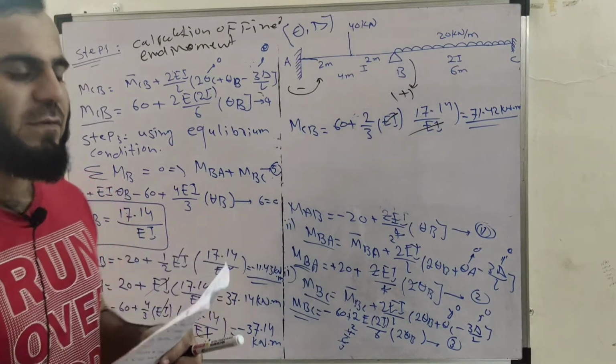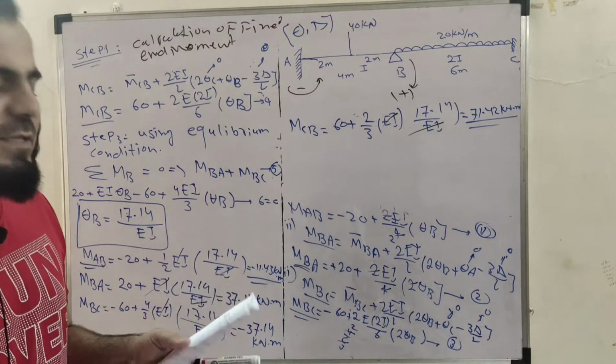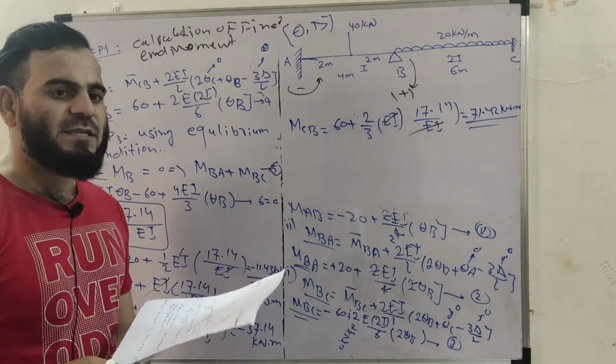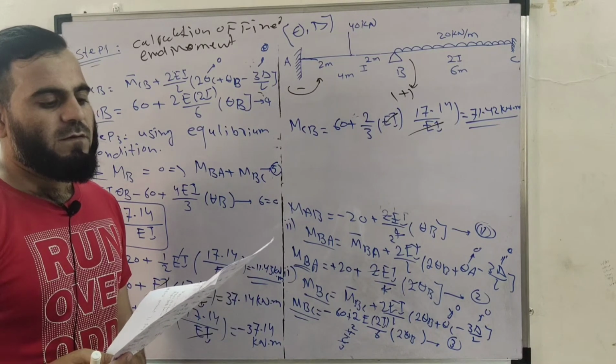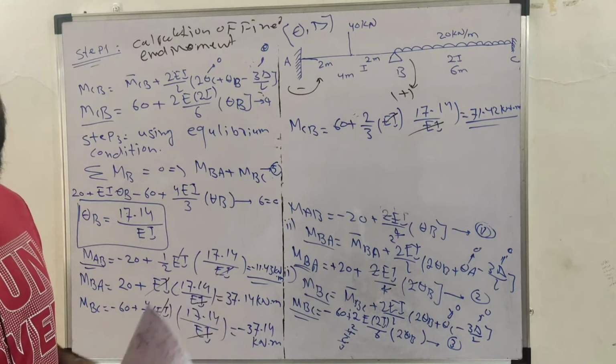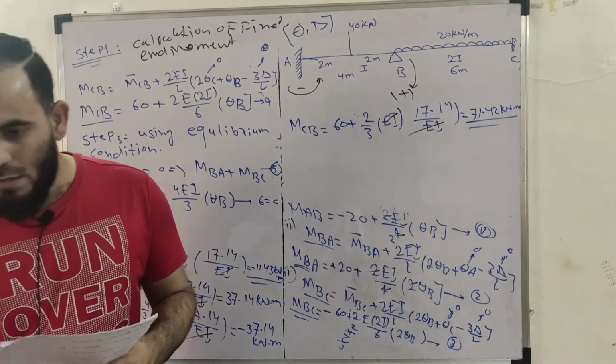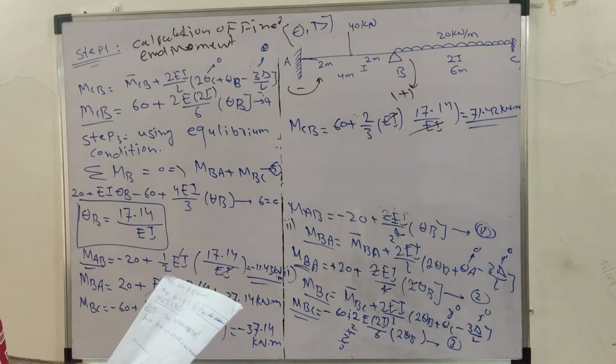We calculated the final moments. What is the final step? The final step is the final bending moment diagram. We will find out the final bending moment diagram. Now I will clean this board.